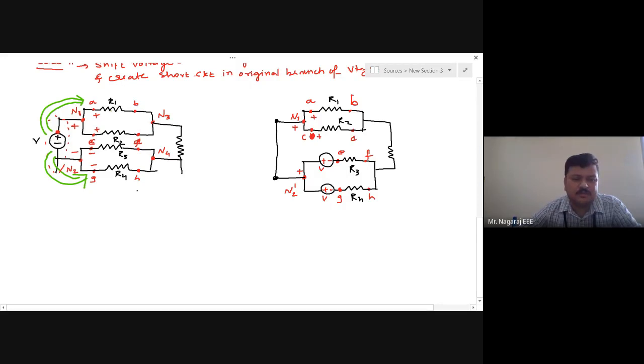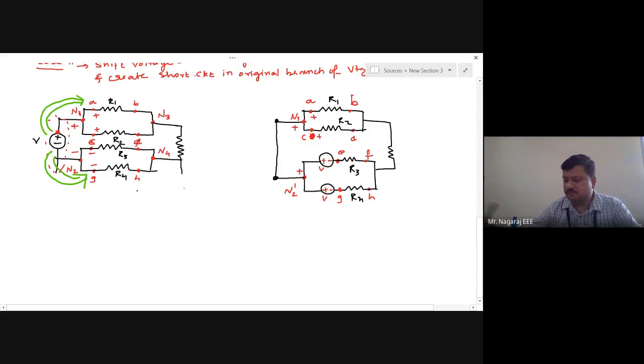Whatever the sign of the source is, that should head towards the direction of the shift. So the positive sign is heading towards the direction of N1, therefore it should be shifted the same way. The negative sign is heading towards the node N2, so it should be shifted the same way. That's it. So this is all about the voltage source shifting.